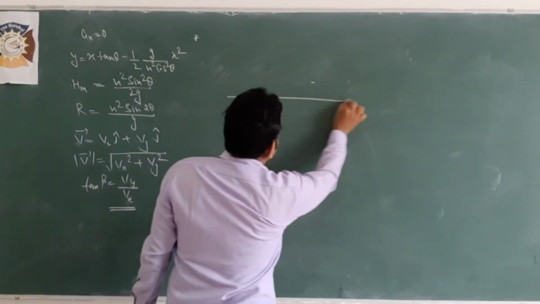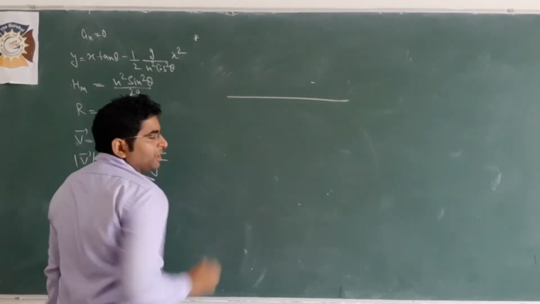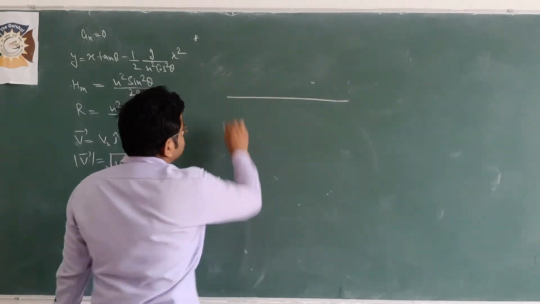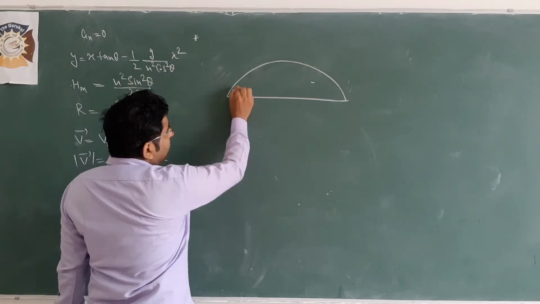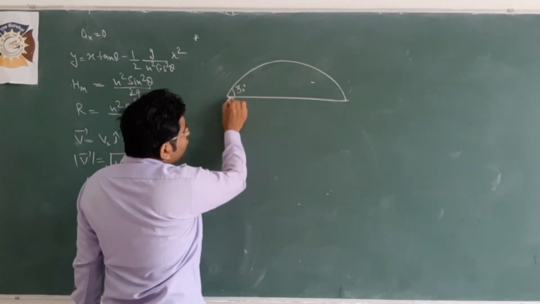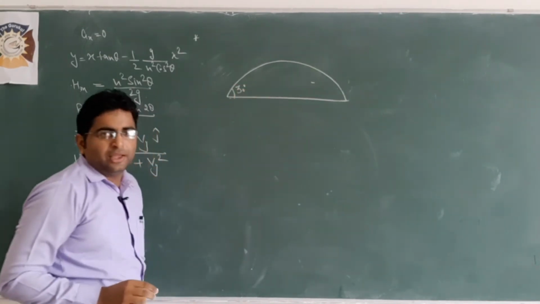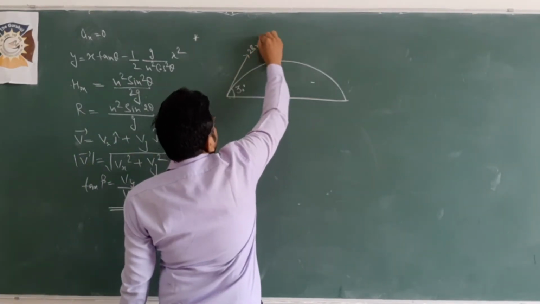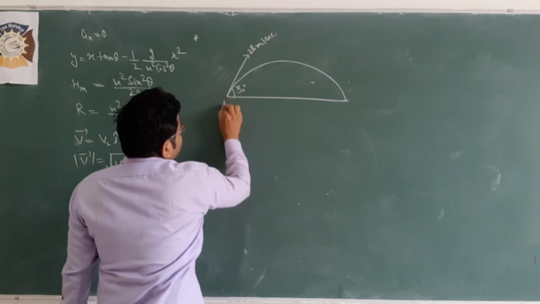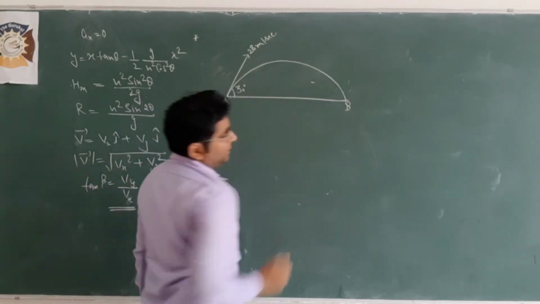It is the ground, and from this point a cricket ball is thrown in this manner, and the angle made by this ball with horizontal is 30 degree and the initial speed is 28 meter per second. It is point A and it is point B.